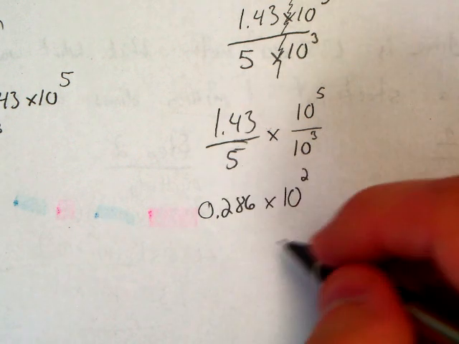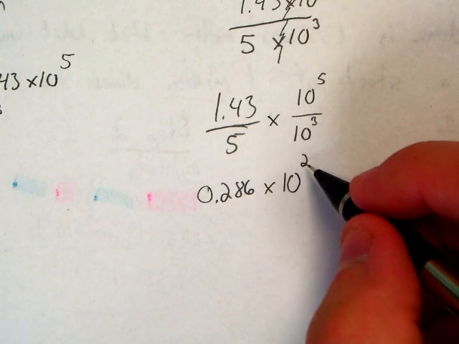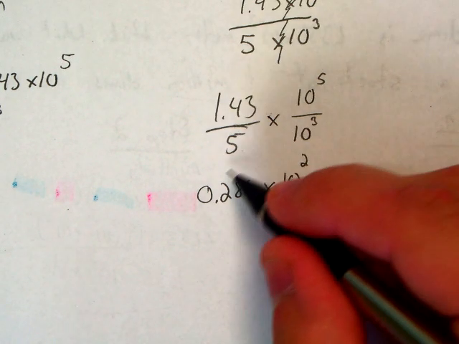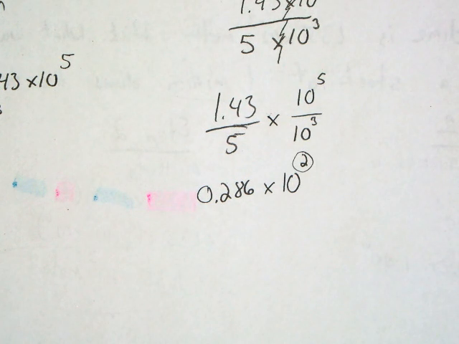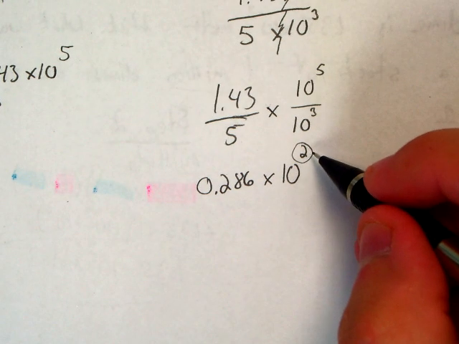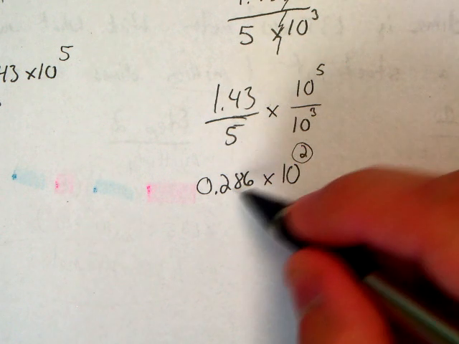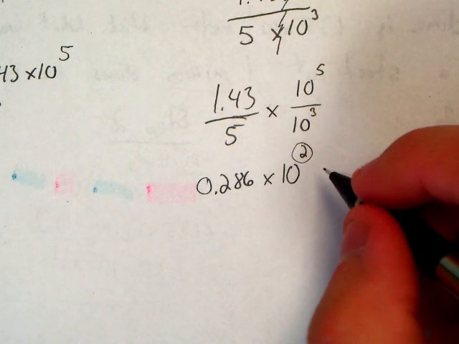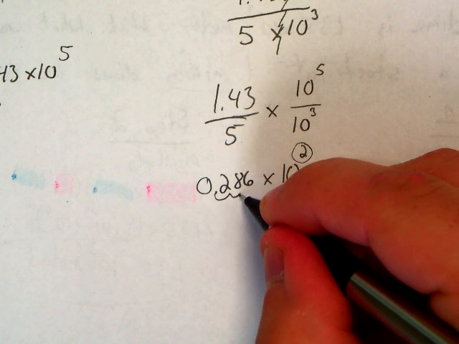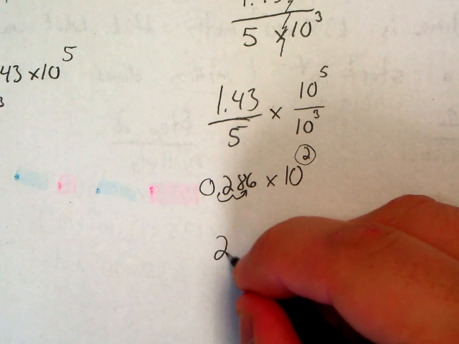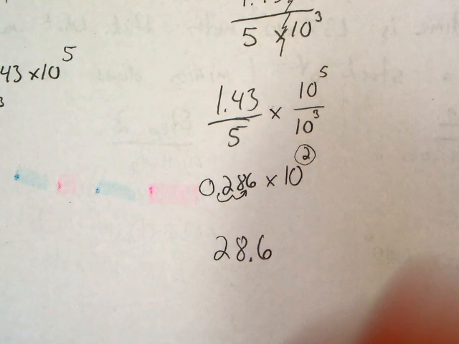So if you recall from, again, last lesson, to get this into standard form, the exponent is really the driving force. This number tells us how many place values to move the decimal point, and because it's positive, it means we're going to move to the right. So this means 2 places to the right. So 1, 2. So this is really 28.6.